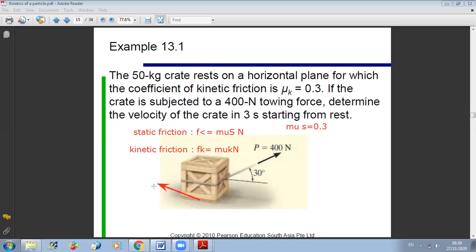So you put your friction F. As a first assumption, I will assume that it's a static friction. And what are the other forces acting on my box?